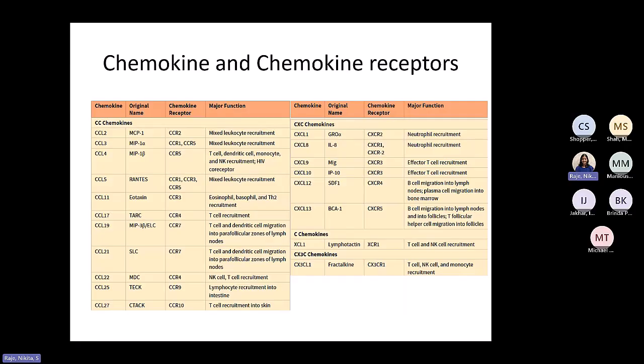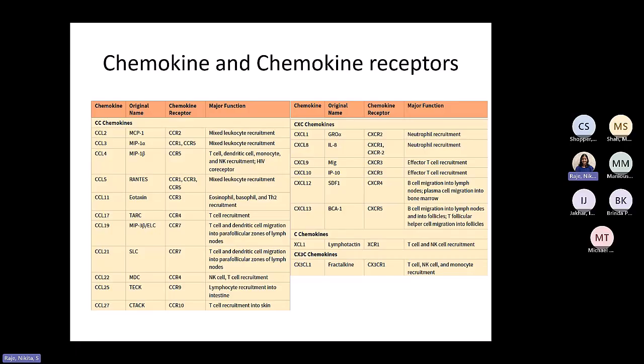CCL25 and 27 are important for homing of cells to particular areas. CCL25 binds to cells that express CCR9 and helps in taking them to the intestine. CCL27 is also known as CTAK and is important for homing the cells that express CCR10 to skin. CXCL1 and CXCL8, that's the next table, are important for neutrophil recruitment.